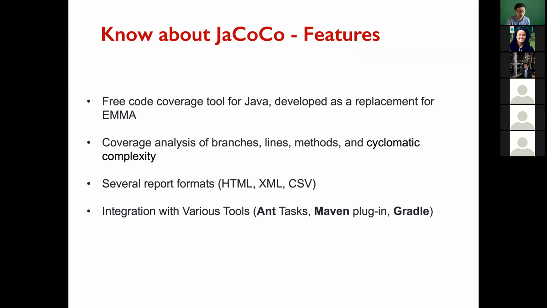If you save your report in XML or CSV, it's easier to parse the result automatically. Jacoco is integrated with many tools like Ant tasks, the Maven plugin, and Gradle. It's usually used with Maven and Gradle for continuous integration in your test environment.